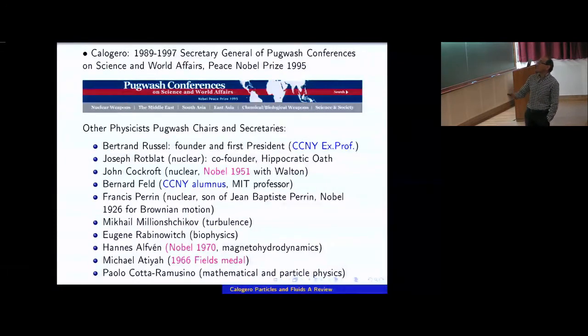If you don't know about this organization, other than the fact that they won the Nobel Prize, it was founded by Bertrand Russell, CCNY, that's my affiliation, City College of New York, ex-professor. Ex means expelled professor. He was actually expelled because of political reasons. Those were the days.